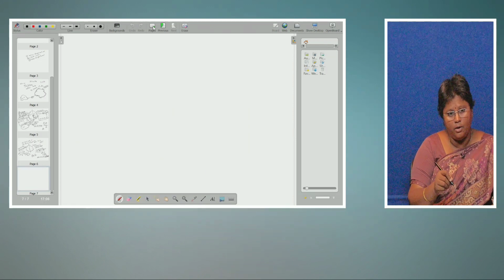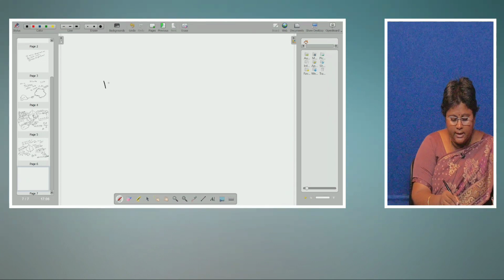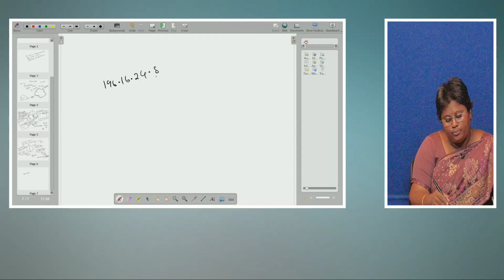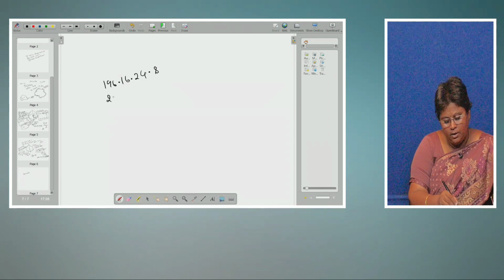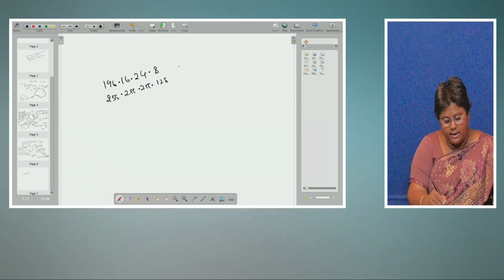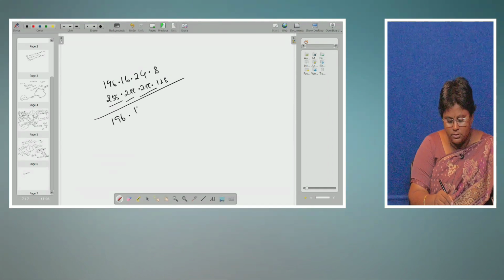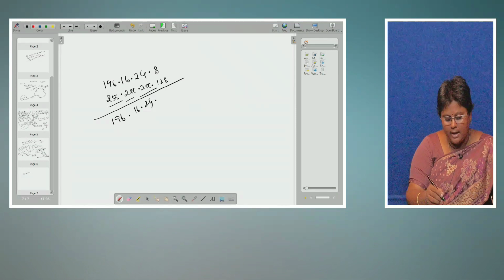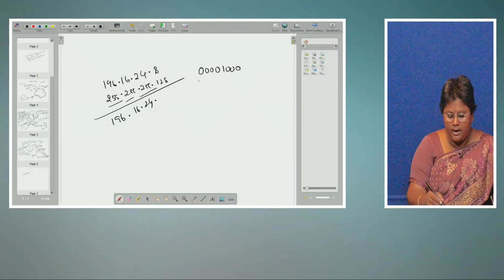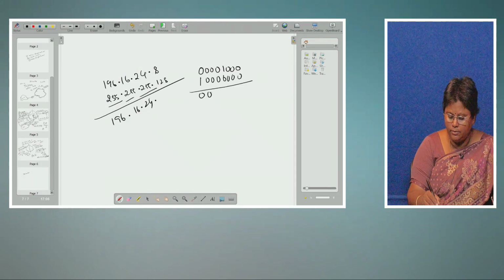Now you may ask how we know whether it can divert to subnet 1 or subnet 2. Let us take an IP address, 196.16.24.8, and perform the AND operation with the subnet mask, 255.255.255.128. The first three octets are 255, so 196.16.24 will be the same, and we look at the AND operation for the last octet. 8 is 0000 1000, and 128 is 1000 0000. Performing the AND operation gives 0000 0000.